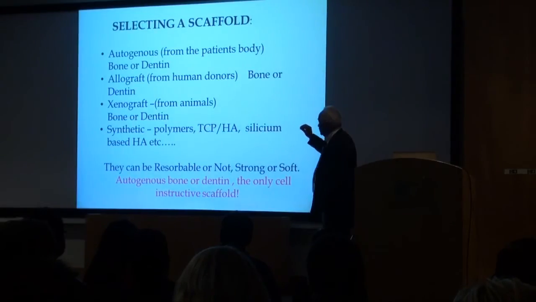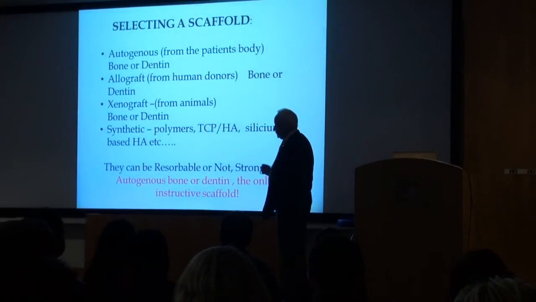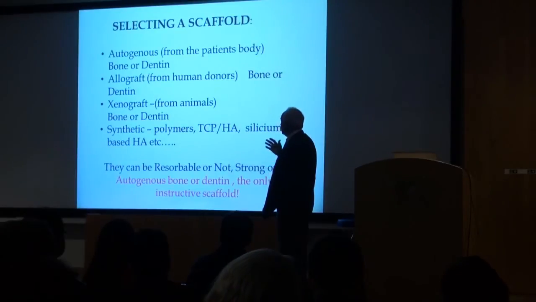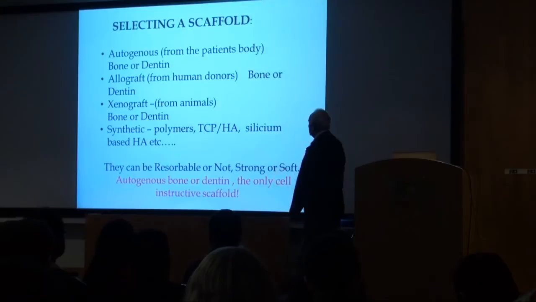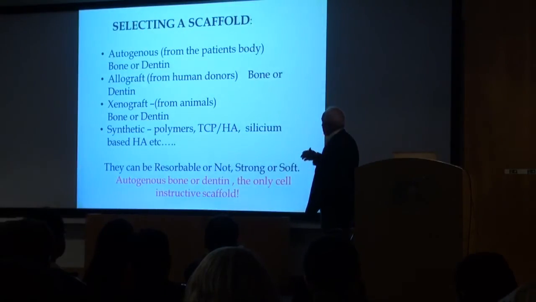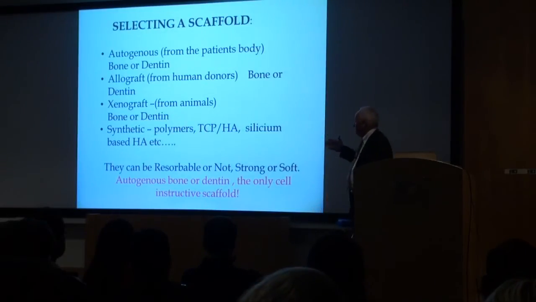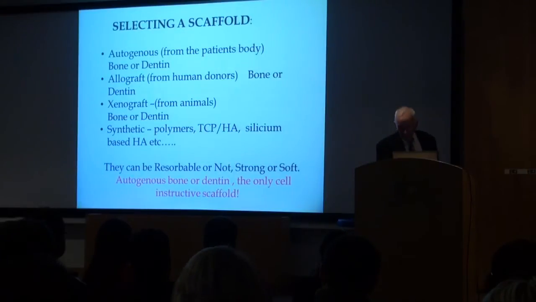And the best scaffold, as I said before, and all the scientists and also clinicians agree, is autogenous, bone or dentin. Then we have allografts, then xenografts, and also synthetic polymers: TCP, HA, silicon-based, and many more.